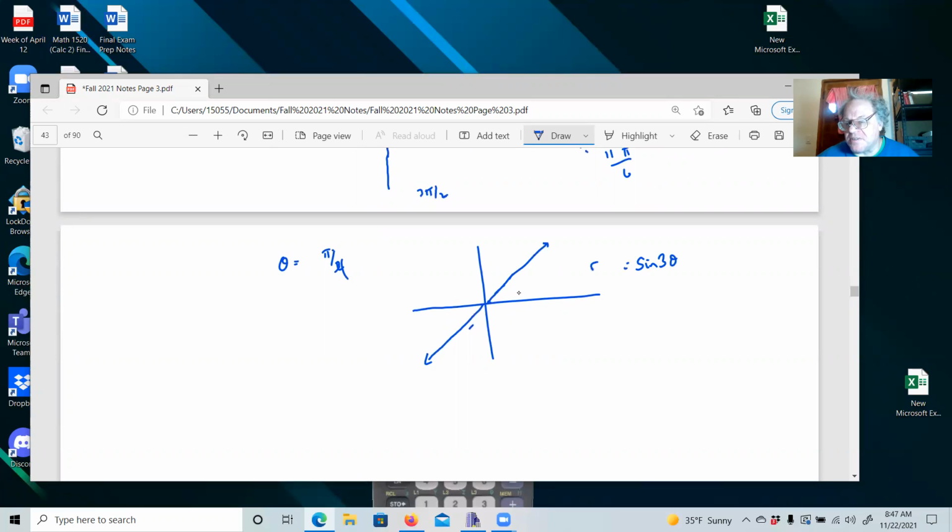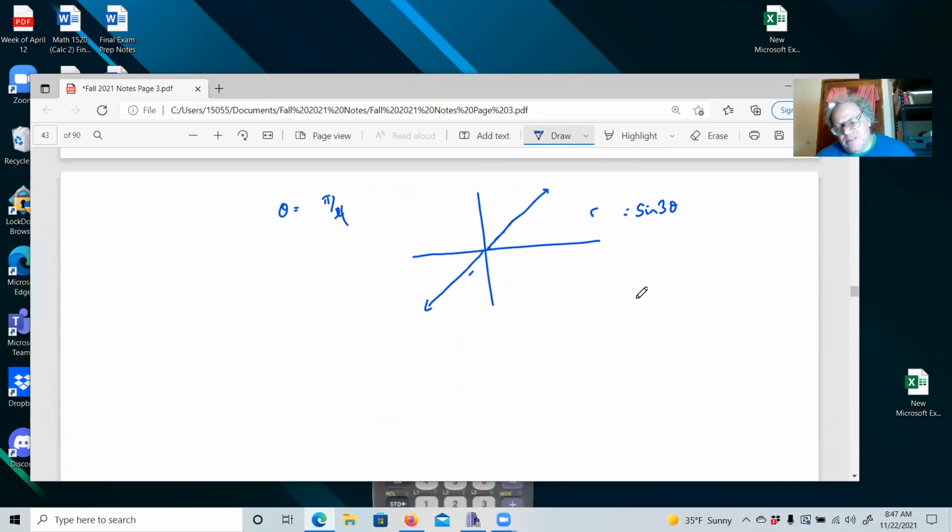Okay, that's one of the hardest ones. That deserves its own video. It's not a hard problem, but it is a long problem. Okay, and trying to figure out, like, find the area of one leaf or one petal. Okay, and then sometimes you get like sine 3 theta.